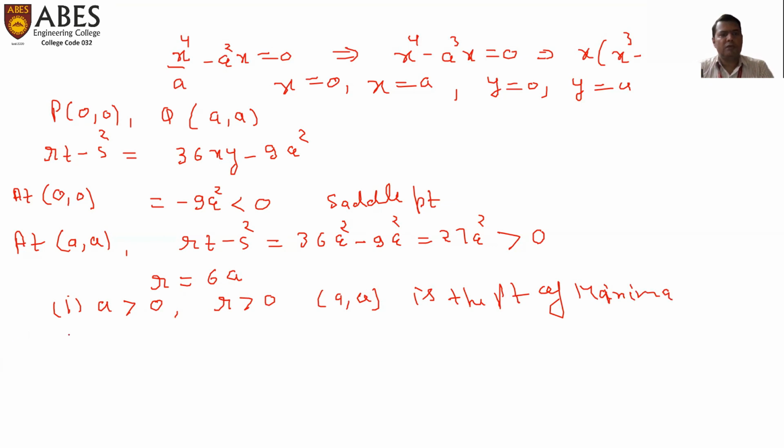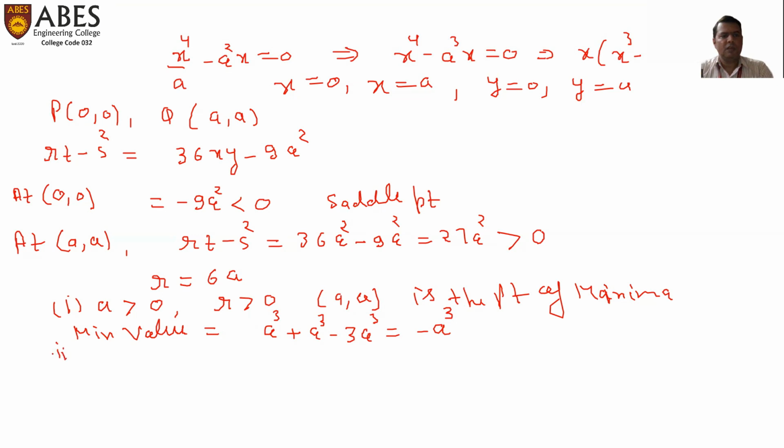And the minimum value of the function: we put x equals a and y equals a in f(x, y). So we get a cube plus a cube minus 3a cube, which is minus a cube. This is the minimum value of the function.